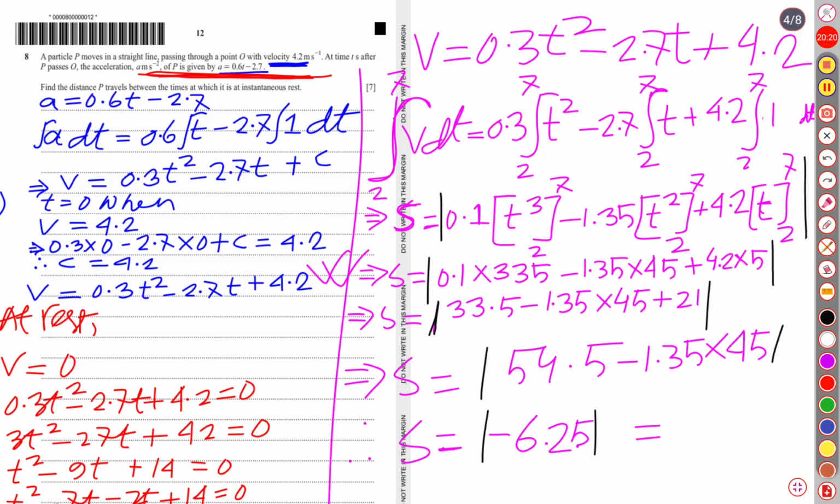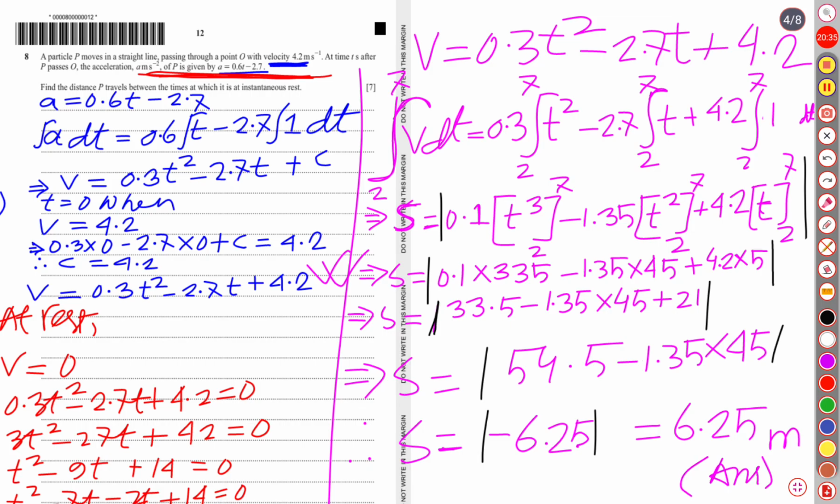That means our displacement can never be negative actually, so we will have to pick up the positive value, which is 6.25 meters, and which is our final answer.